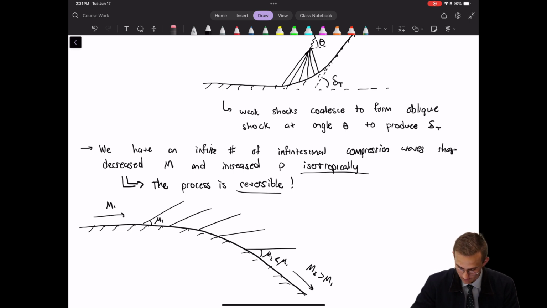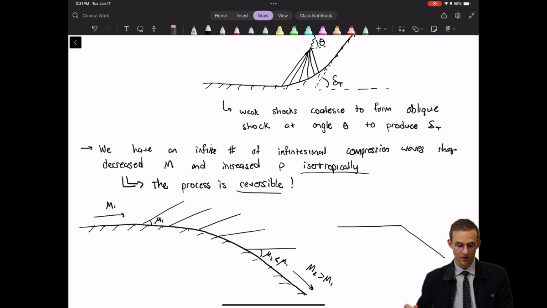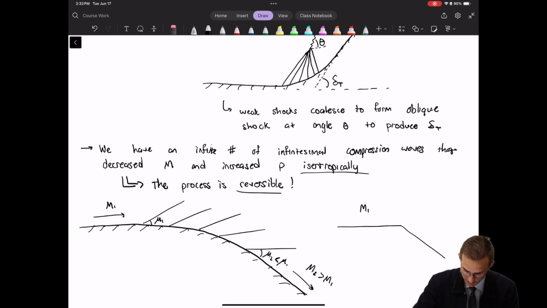This can also occur around a sharp corner, with what would be called a centered expansion fan. So you can have your incoming Mach number there.